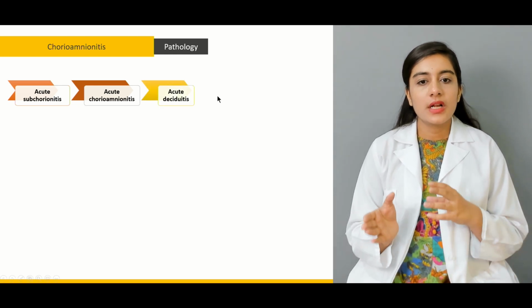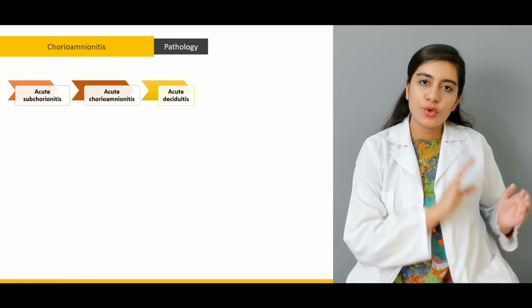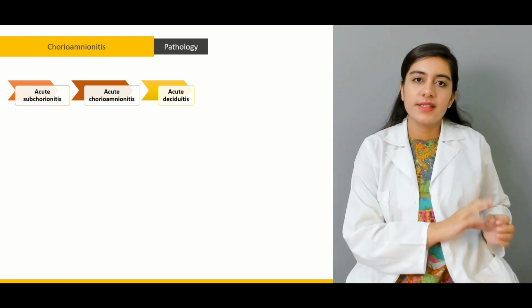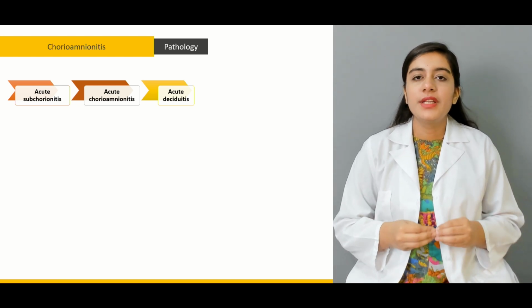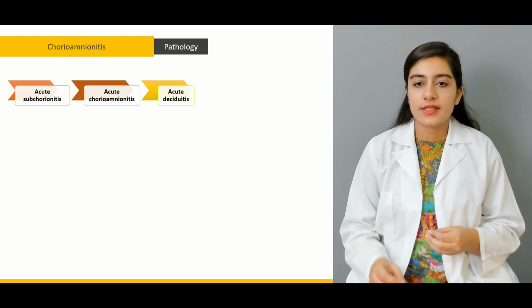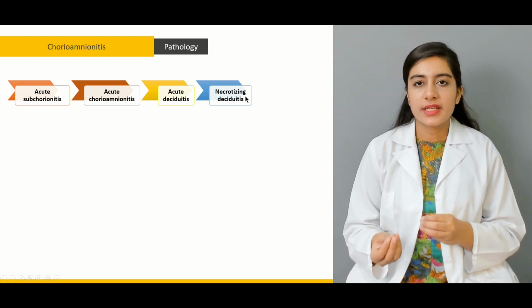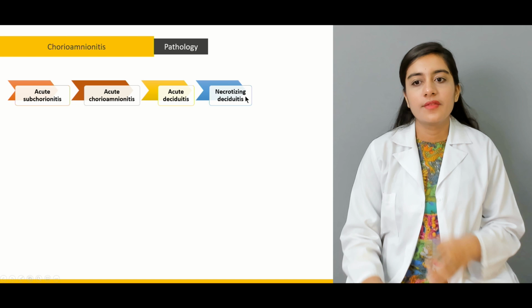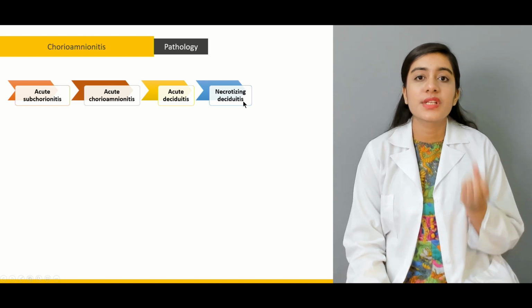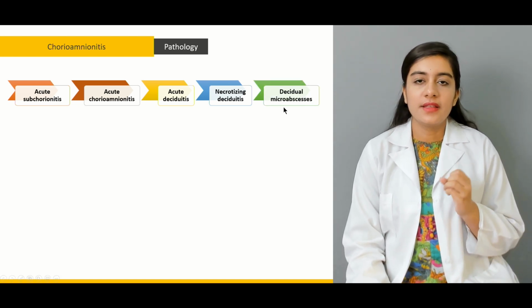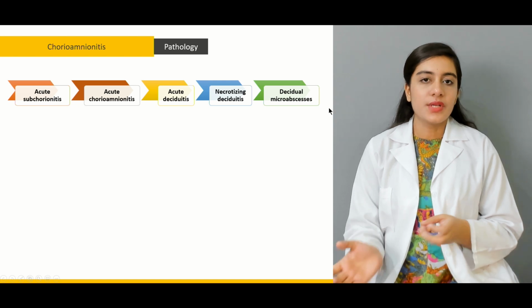Then it will involve the other portion of the placenta, that is the decidual part, and will lead to acute deciditis. This deciditis will lead to necrotizing deciditis, and finally we will be seeing numerous microabscesses in the decidual part of the placenta.